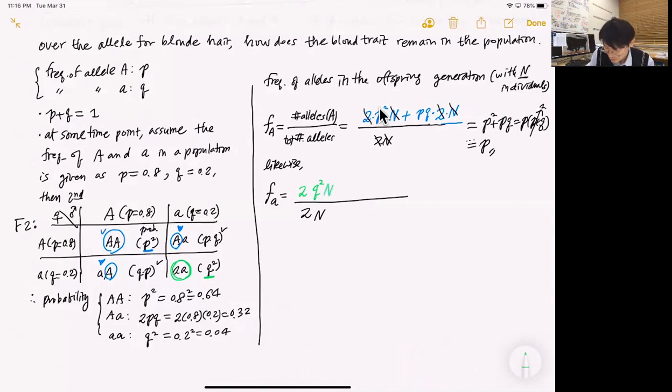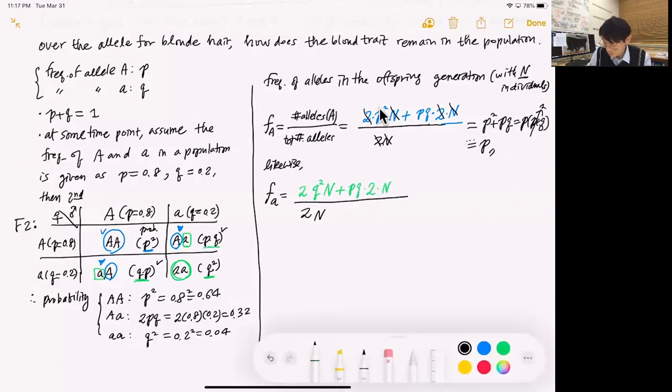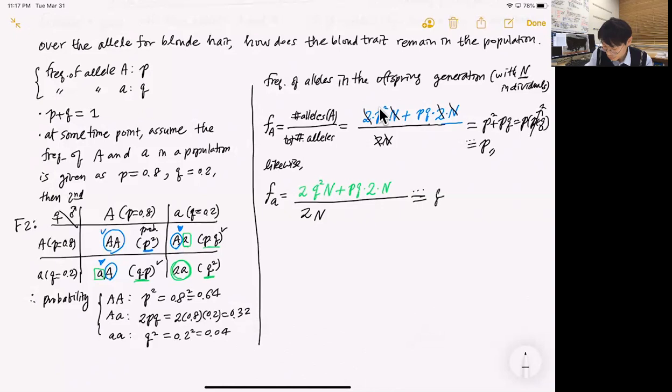Plus, likewise, there is small a in the heterozygote, so there are 2 of these with probability PQ, times the individual number n. If we calculate this, it will come out exactly as Q.